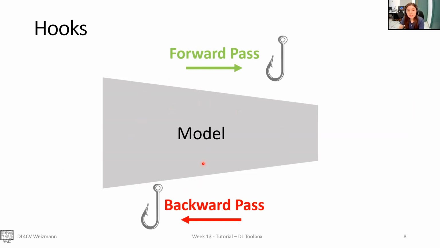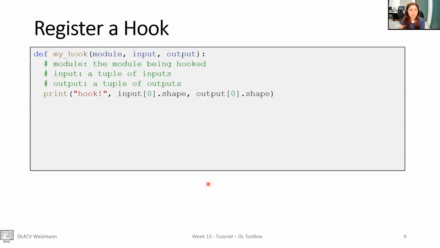This can be done by hooking, by registering specific methods to either the forward pass or the backward pass. Today, for simplicity, we'll only see how to register methods to forward passes, but doing it for backward passes is equally simple. So let's take a look at how we register a hook.